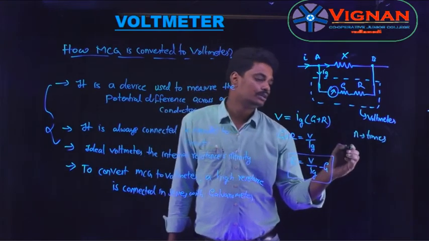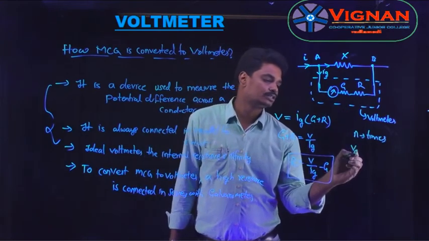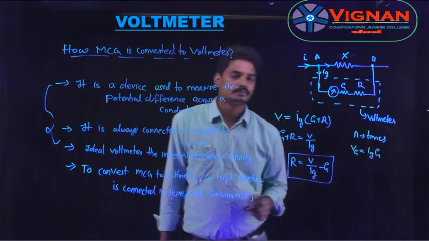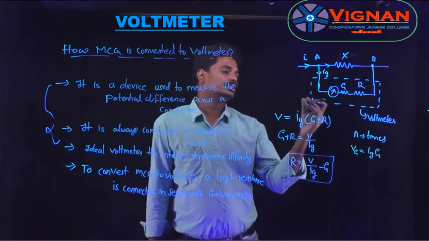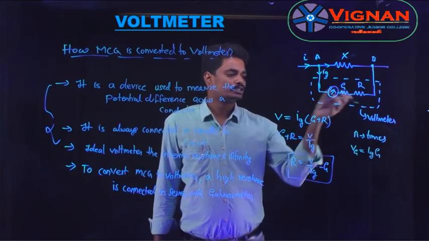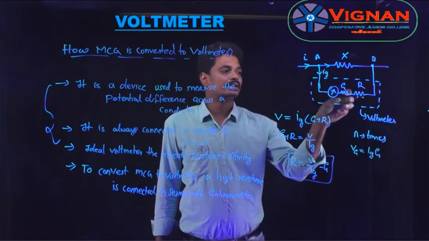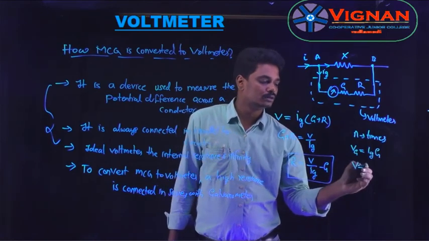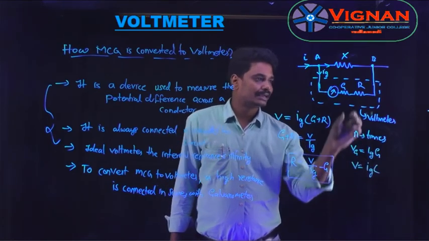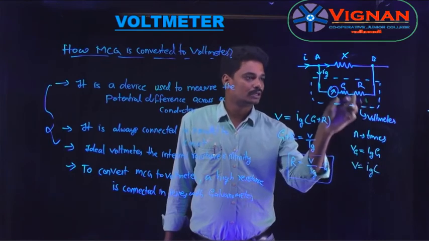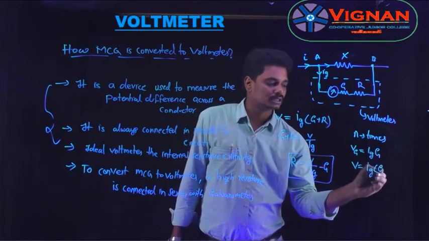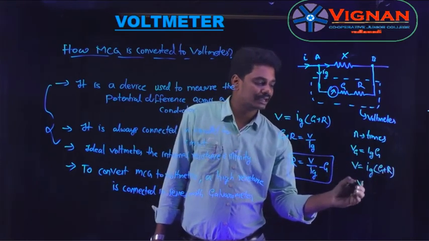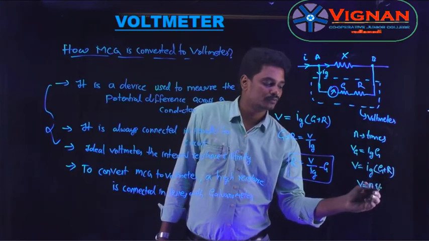Initially the potential difference across the galvanometer, Vg, is equal to Ig into the internal resistance G. Now I need to increase the range of the galvanometer by n times, so that it can measure a potential difference V. V is equal to Ig into the total effective resistance, which increases by connecting a series resistance, that is G plus R. As the range is increased n times, V is equal to n times Vg.